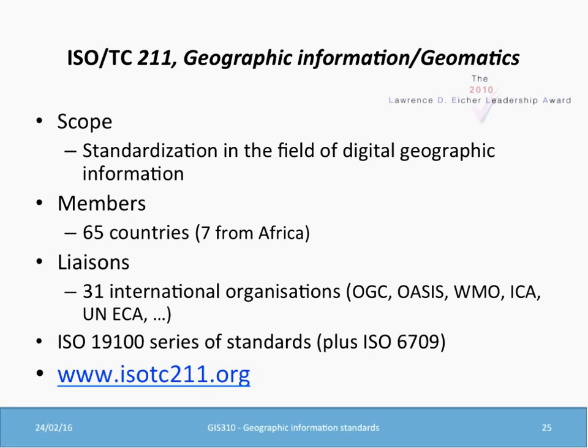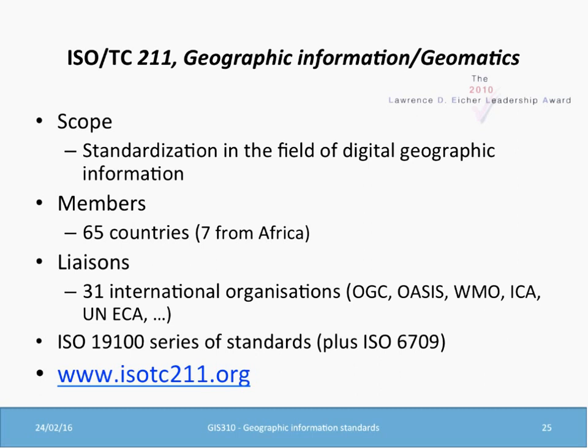It's usually a lot of negotiation, a lot of arguments, but things do get solved in the end and standards are produced. So the group that works specifically with geographic information standards is ISO TC 211. You don't really need to remember the numbers, etc. But that is the group.